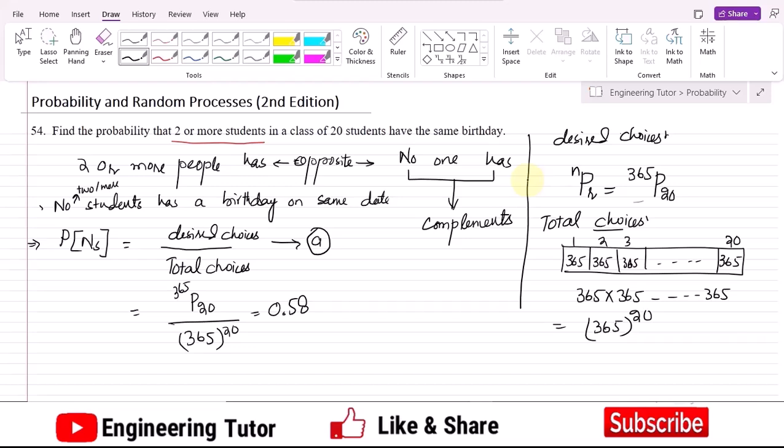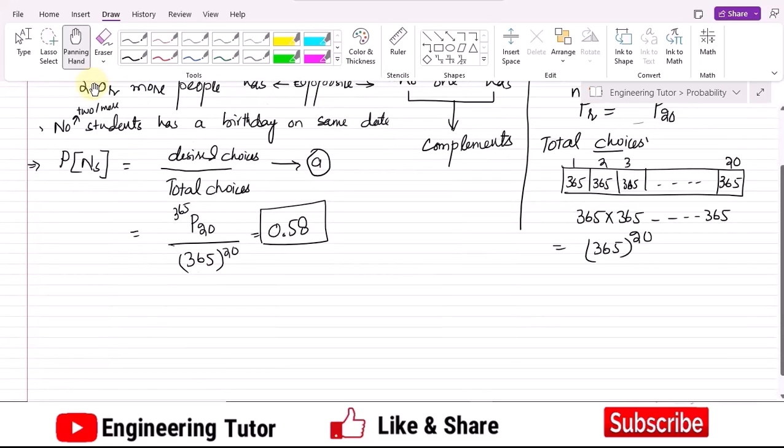So the probability that no two or more students have a birthday on the same date is basically 0.58. That is the probability of n of s. Now the question asks that two or more students should have the same birthday. So I have to find the complement: the probability of s is 1 minus the probability of n of s.